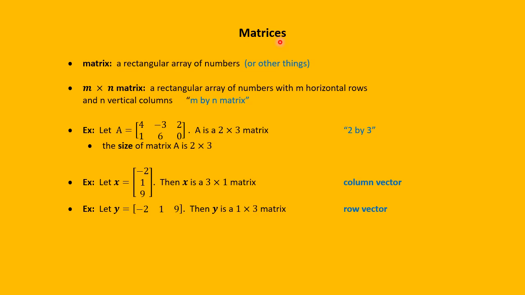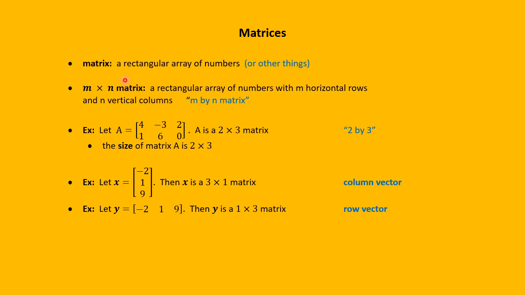Let's talk about matrices. A matrix is a rectangular array of numbers, or it could be a rectangular array of other things. We'll mainly talk about numbers. An m by n matrix is a rectangular array of numbers with m horizontal rows and n vertical columns.